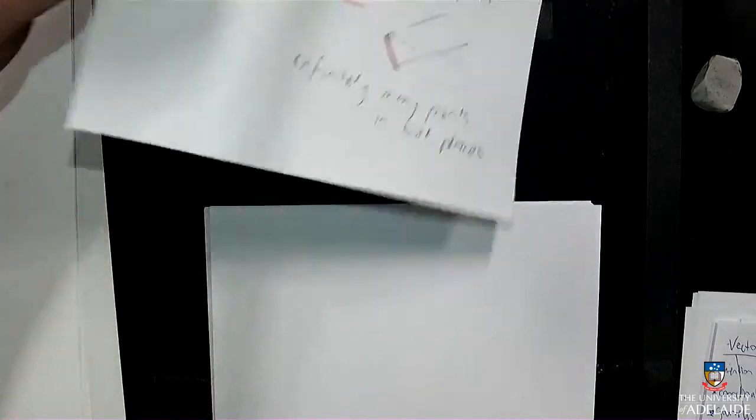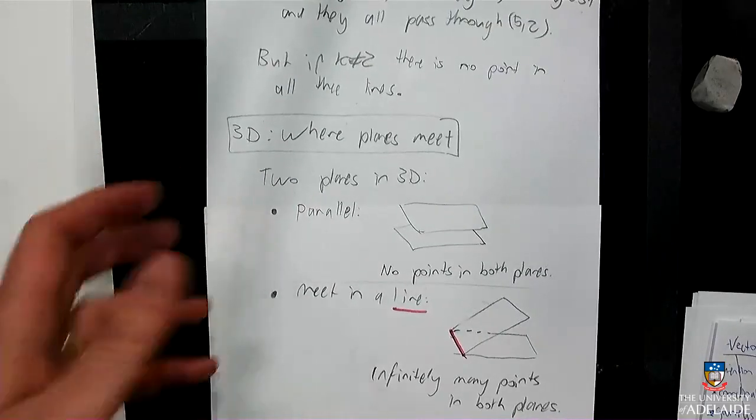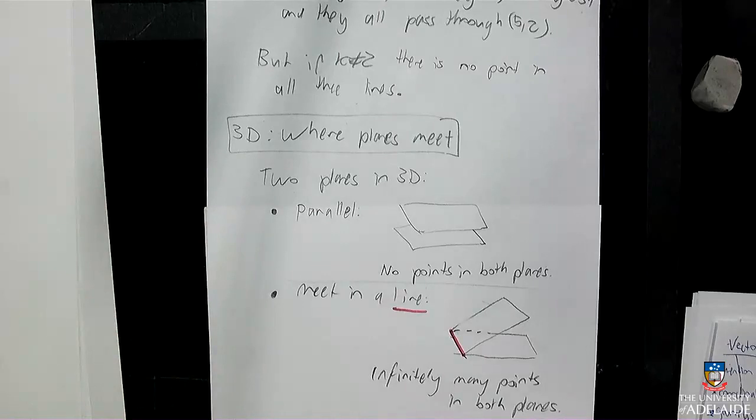When we've only got 2 planes, they're either parallel or they're not parallel, in which case there's going to be infinitely many points in both planes. So with 2 planes, there are no other options, and we don't have to worry about doing these row operation things. We can just look at them and say, aha, parallel, great, no points. Not parallel, infinitely many. Finding out exactly which points they are is going to require us to know a little bit about vectors and a little bit about line equations, and so I don't want to go there. That's sort of beyond the scope of what we're going to do today.